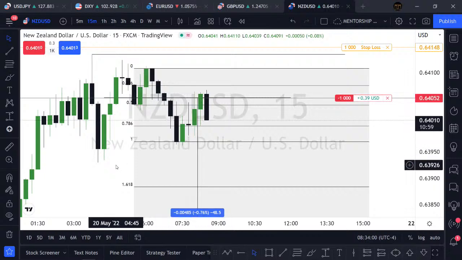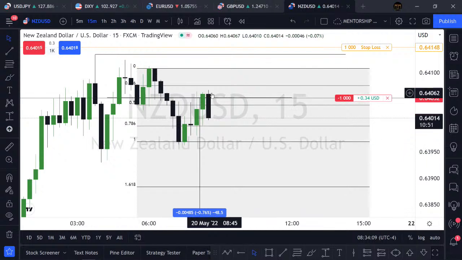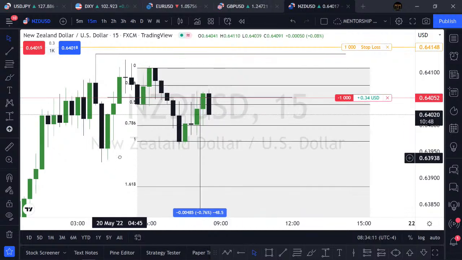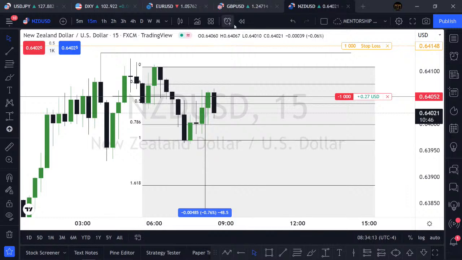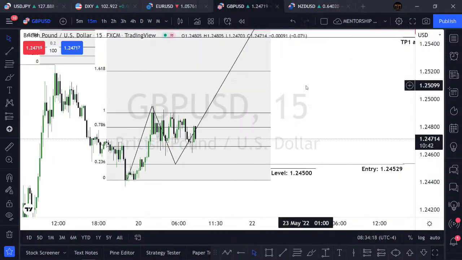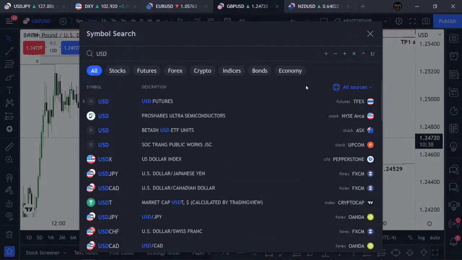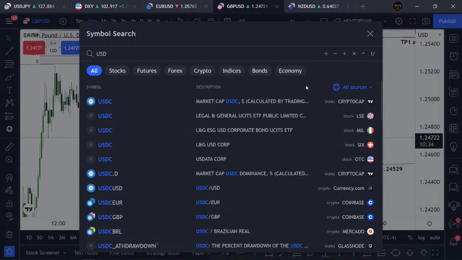Now do not rush, okay folks, do not rush entering these trades. Sometimes things won't go according to what you expected. So let's look for the USD CHF. Oh, we already looked at the USD CHF.